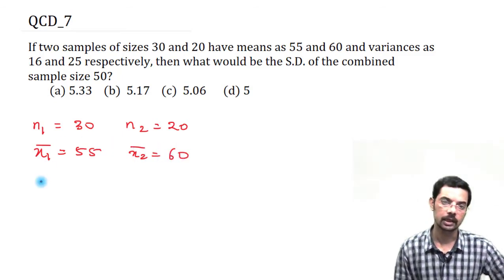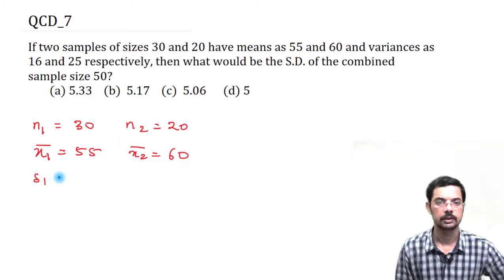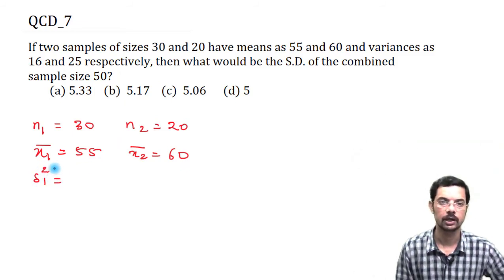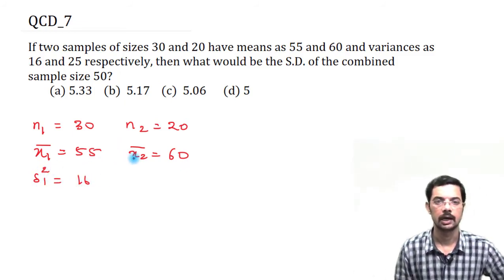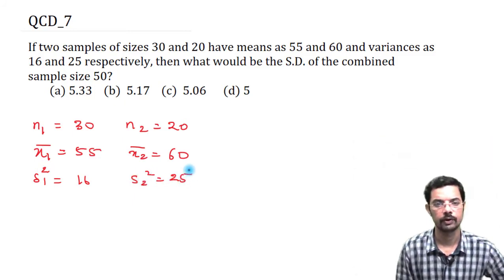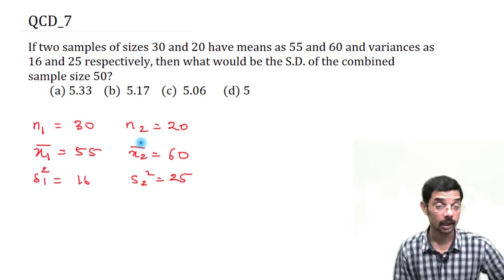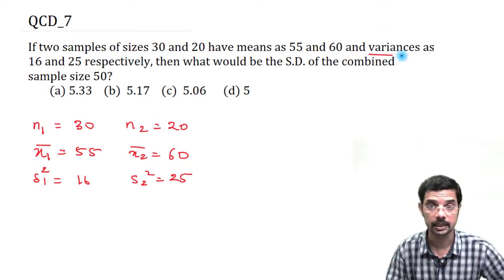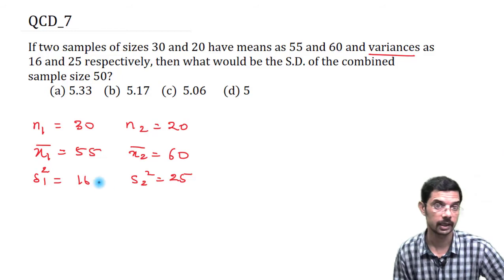Now their variances are S1 square equal to 16 and S2 square is given to you as 25, because variances are given, not standard deviations. Variance means S1 square and S2 square.